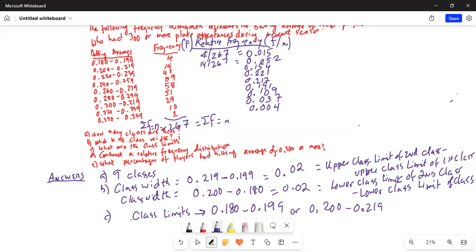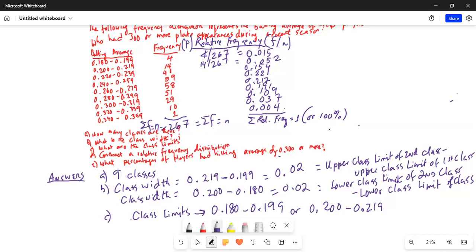If you add up all these relative frequencies, the sum of relative frequencies should be equal to 1, or 100%. So this is the relative frequency distribution, which answers part D.